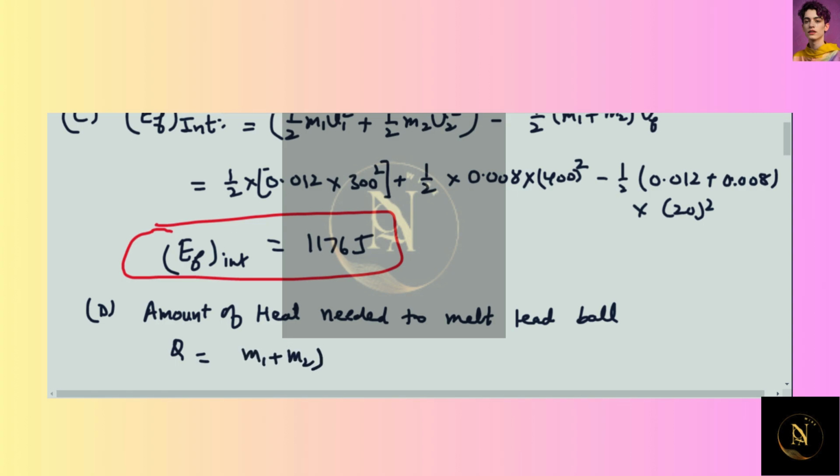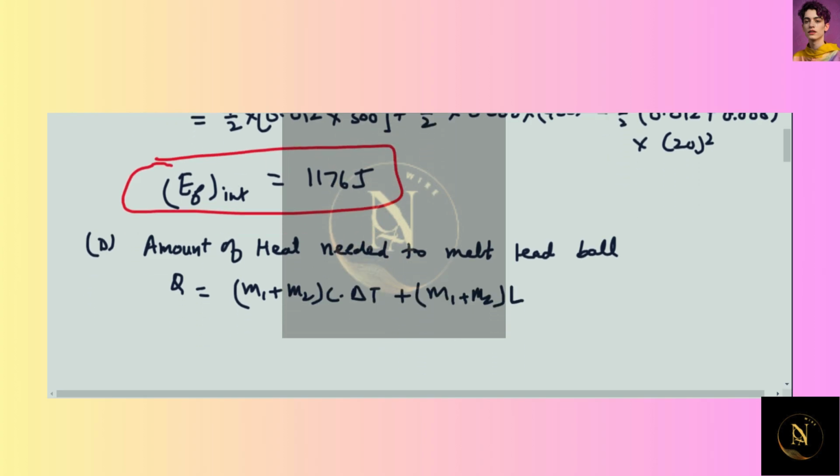M1 plus M2 into C into change in temperature plus M1 plus M2 into latent heat of fusion. Now substitute the value.